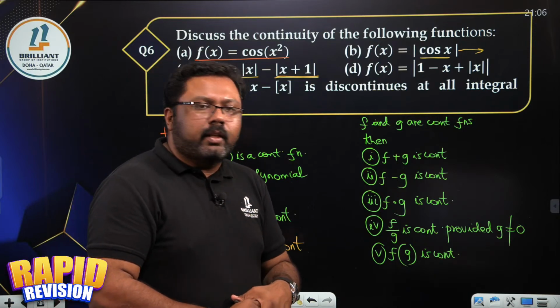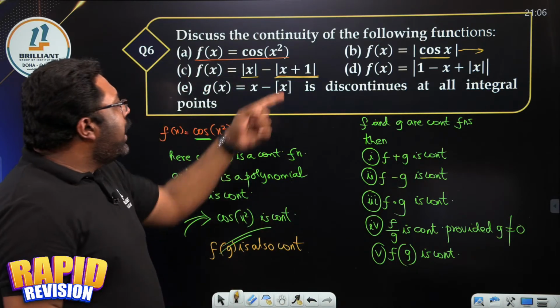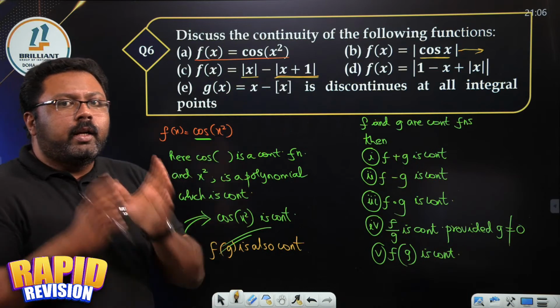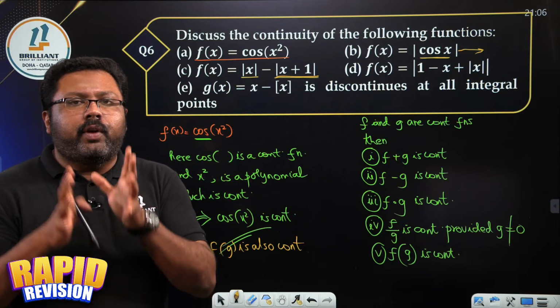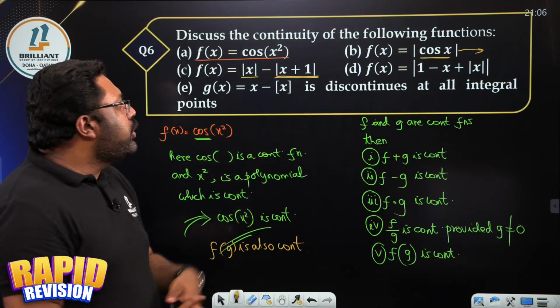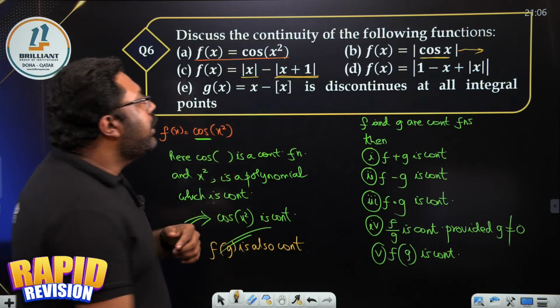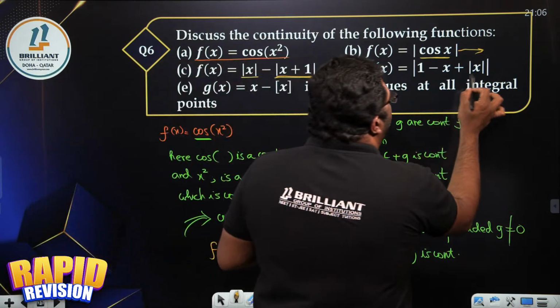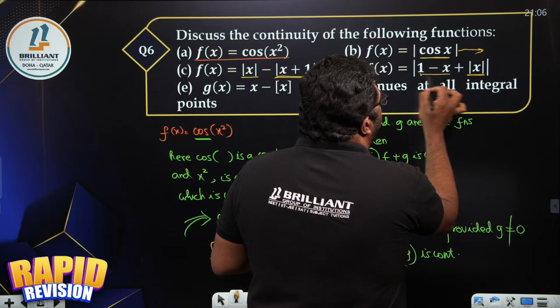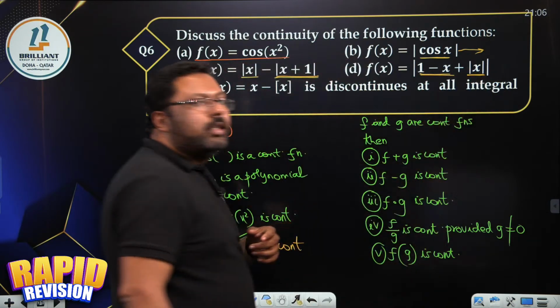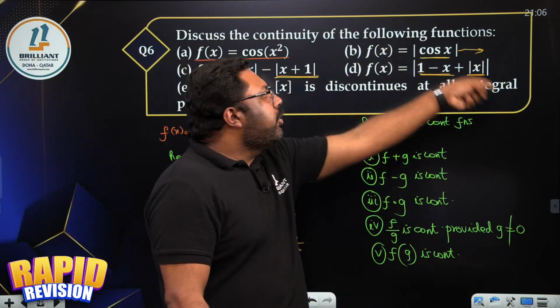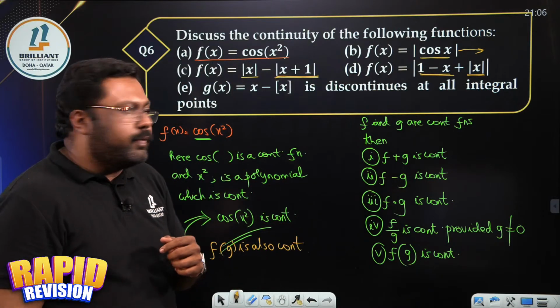You can go and check it. Mod x minus mod x plus 1. The difference between two modulus functions is always continuous. Here again, modulus of polynomial, a continuous function inside modulus, a continuous function.